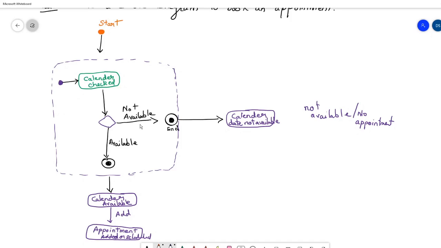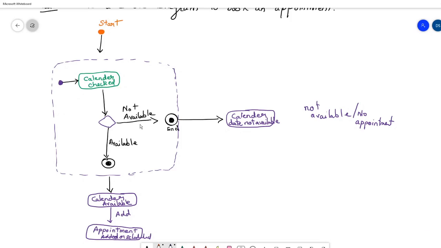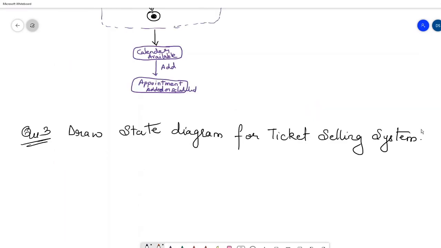If you have to draw a state diagram for a ticket selling system, now just pay attention. I'm talking about a ticket selling system. These tickets can be for anything.